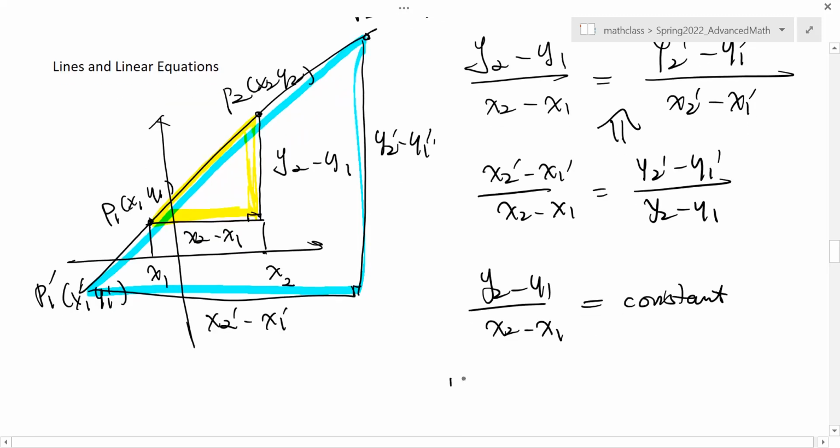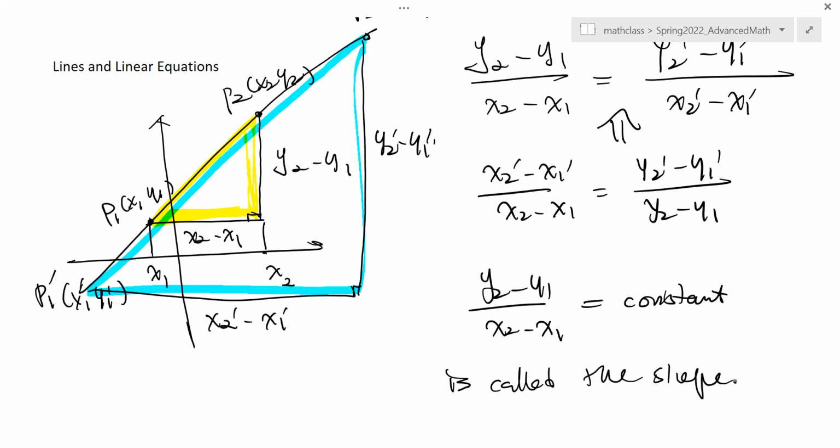This is called the slope, the slope of the line. So I explained to you, it doesn't matter where you choose a pair of points on the line. The ratio of the difference of y coordinates over the difference of x coordinates is an invariant, independent of the location of those points, and that is called a slope.